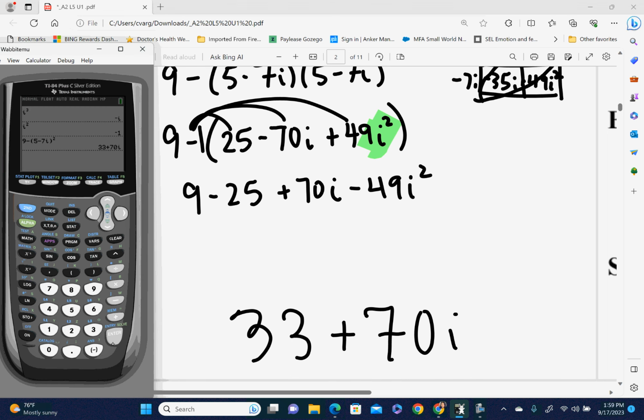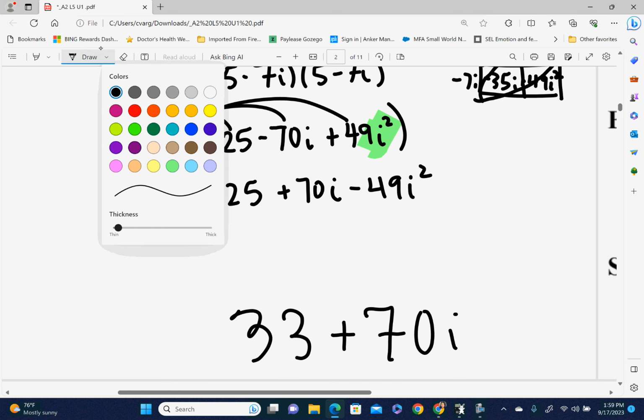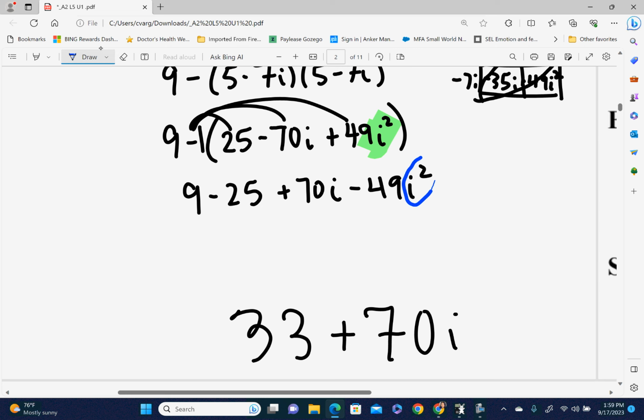So I want to refresh your memory right here with the calculator, right? i squared is equal to negative 1. Do you see that? So I'll go ahead and do that part now because I didn't substitute that in. So let me change a color so you can see what I'm doing. So I'm taking this i squared right here and I'm substituting in negative 1. So I have negative 49 times negative 1. Everything else just comes down.